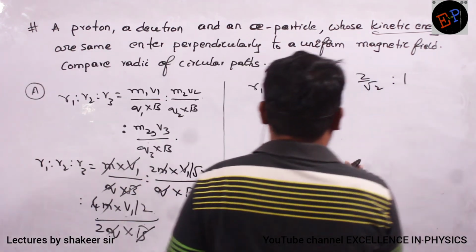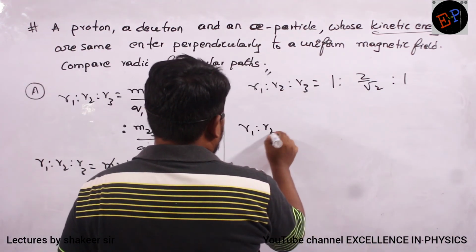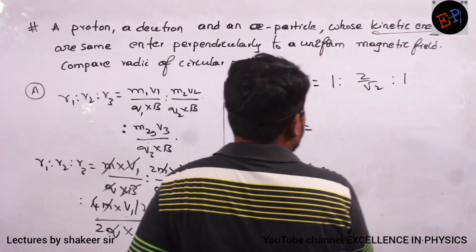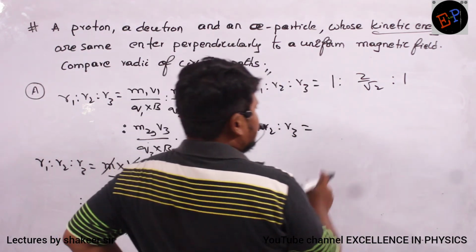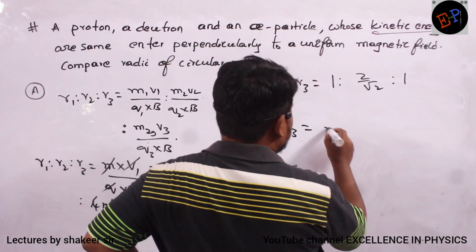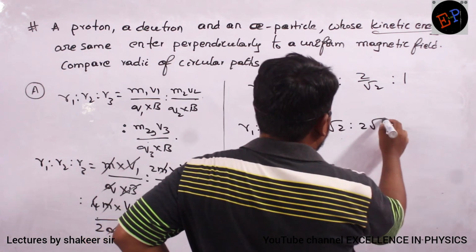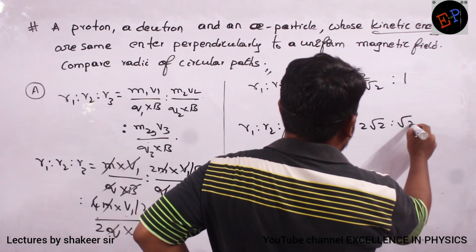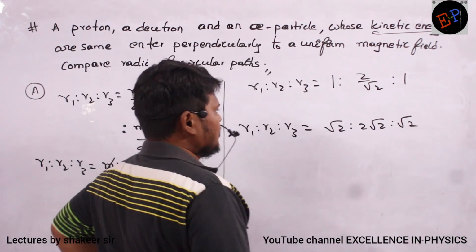So therefore R1 is to R2 is to R3 is equal to, if I multiply everything by root 2, root 2 is to 2 root 2 is to root 2. That's all.